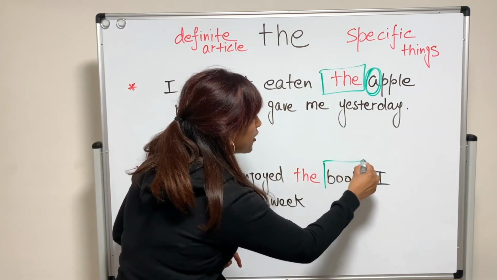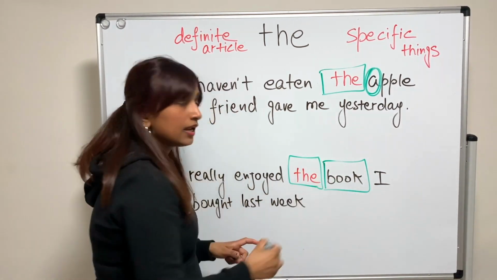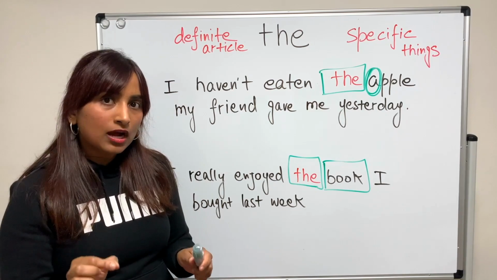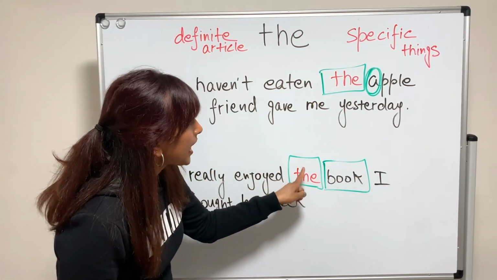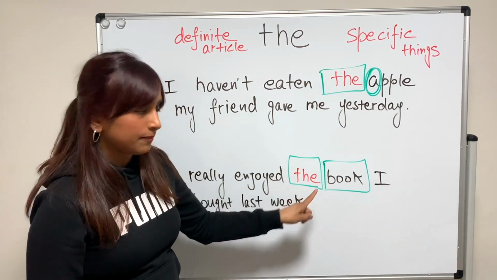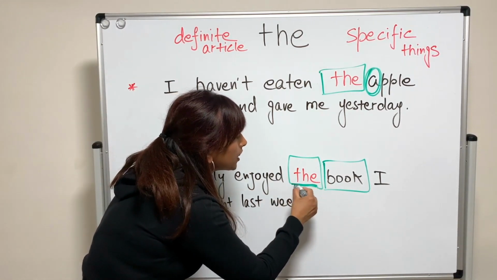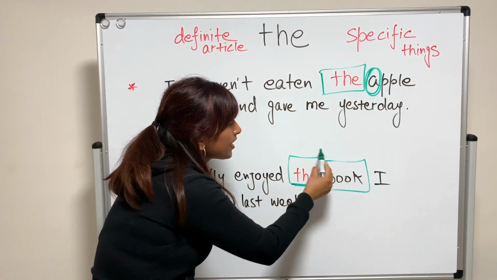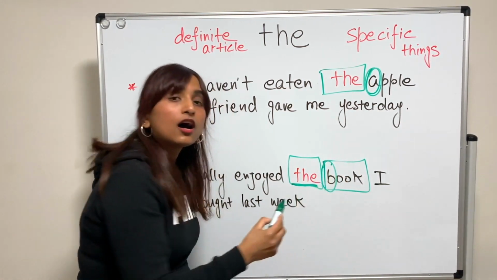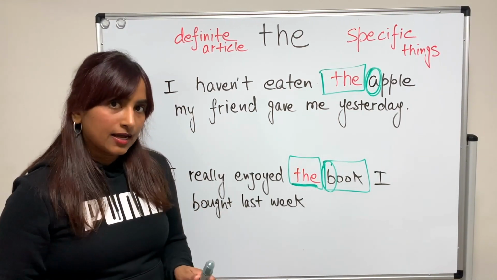Now, the book. First of all, it is the specific book I'm talking about, which I bought last week. So I will say the book, not any book. And I'm saying "the," not "thee," because the word following the article starts with a consonant sound, b.